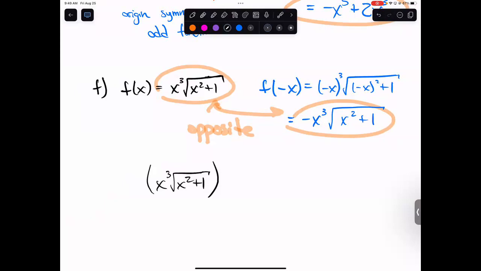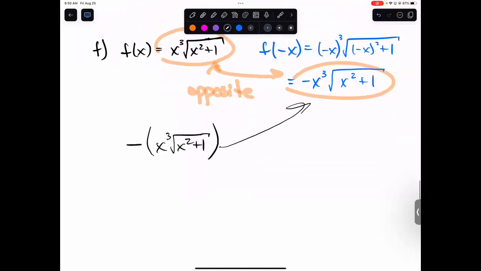And this is connected to it by what operation, connecting the x cubed and the square root? That's multiplication, right? So they're connected by multiplication. That means it's still all one big thing. Well, the way you take one big thing and make it opposite in sign is you just throw a negative sign on the outside of it. I wouldn't distribute that negative into the square root or anything. I would just do that, which is exactly what we have. So this is an odd function. It has origin symmetry.